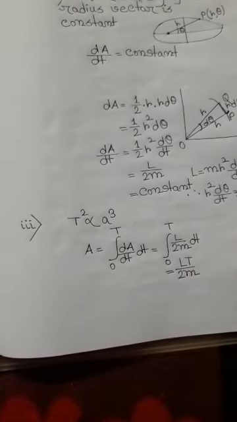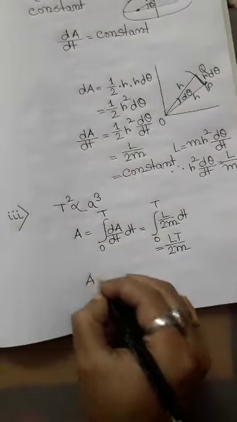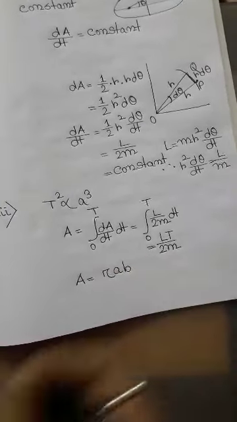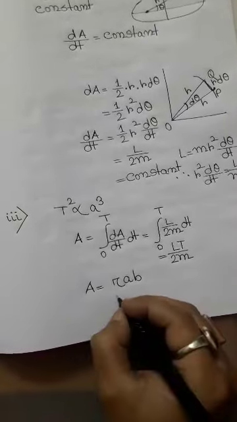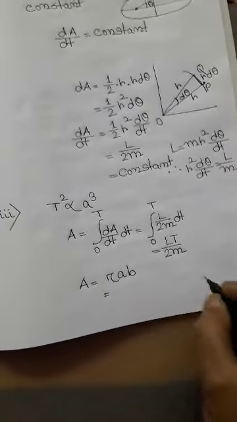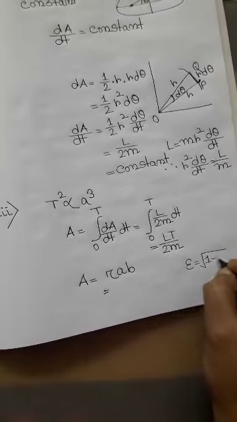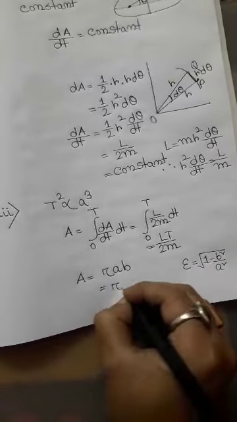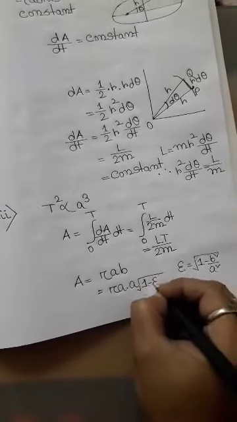Now we can find the area of an ellipse in another way. We know from mathematics that the area of an ellipse is pi a b, where a is the semi-major axis and b is the semi-minor axis. In the case of an ellipse, the eccentricity is the square root of 1 minus b square by a square, and from this b can be written as a into the square root of 1 minus epsilon square.